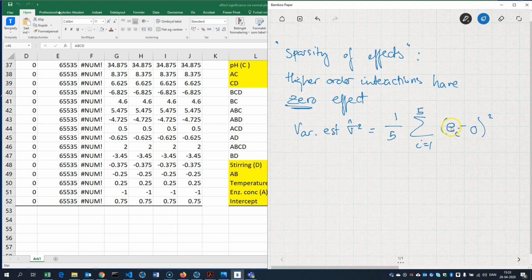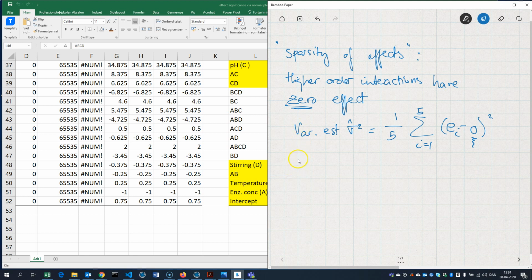So I'll take these effects, subtract their mean, but my assumption is that the mean is 0. Square that, sum, and divide by 5. That would give me the variance of these effects here, and that's our estimate of the variance in the response, in the y value.